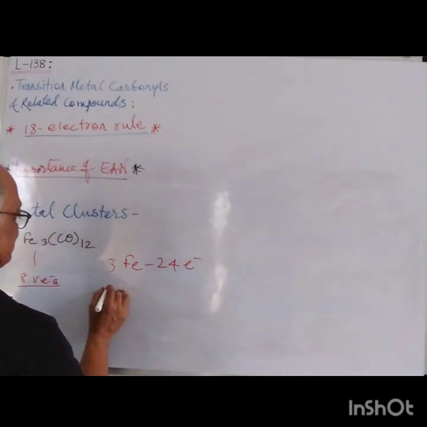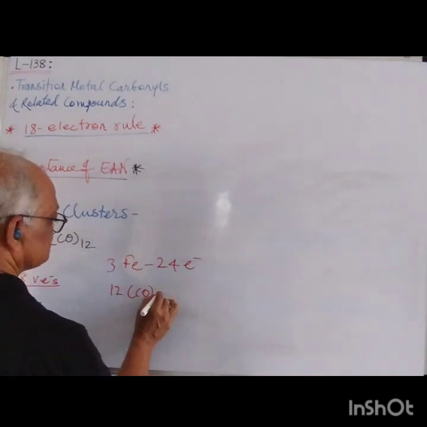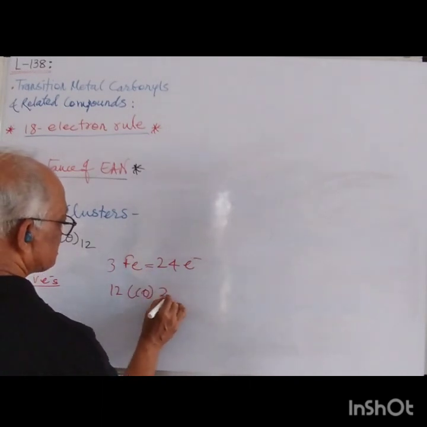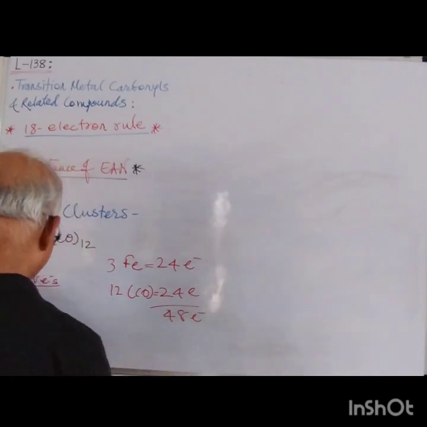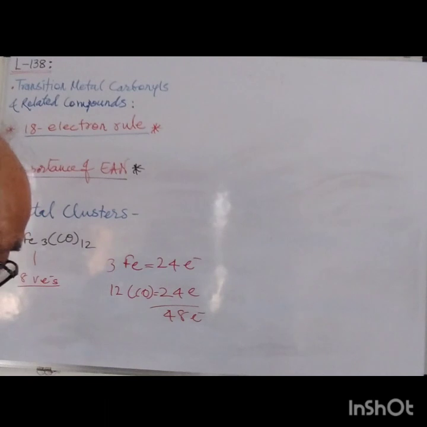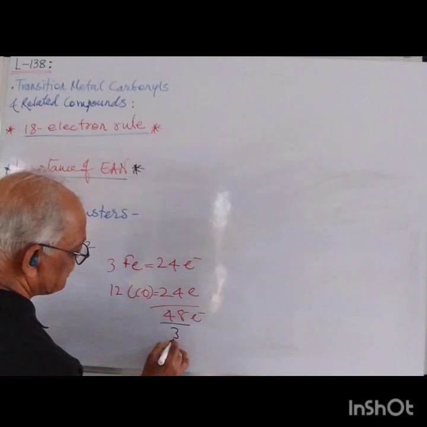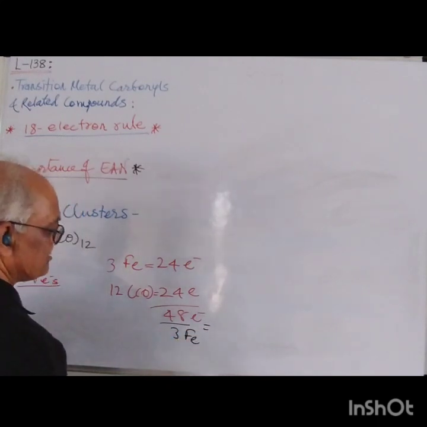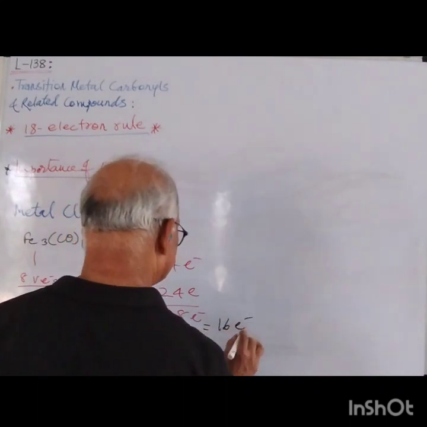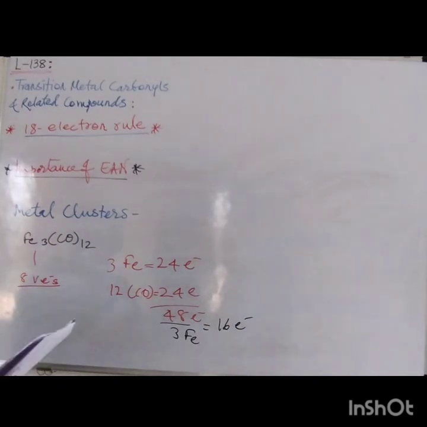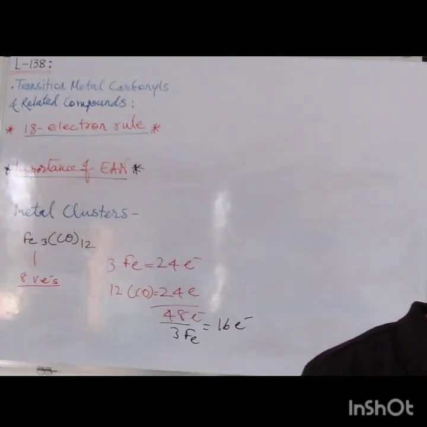the contribution of these 12 carbon monoxides. So that is also 24. So it gives 48 electrons, and if we have taken 3 Fe, if it is divided by 3 Fe, you will get 16 electrons. So this cannot complete the effective atomic number requirement.